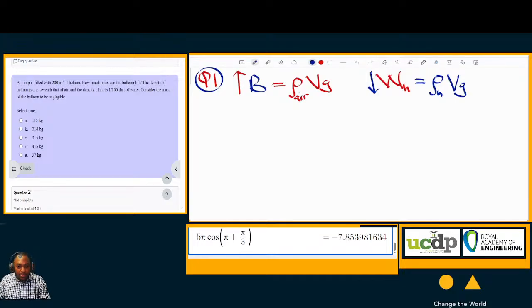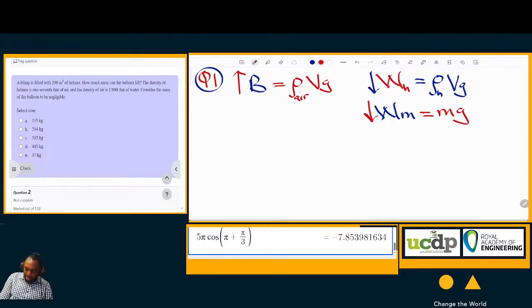What else could we have? The mass. How much mass can the balloon lift? So how much mass can be lifted up? That mass has got a weight, which we expect to be going down, equal to mg.